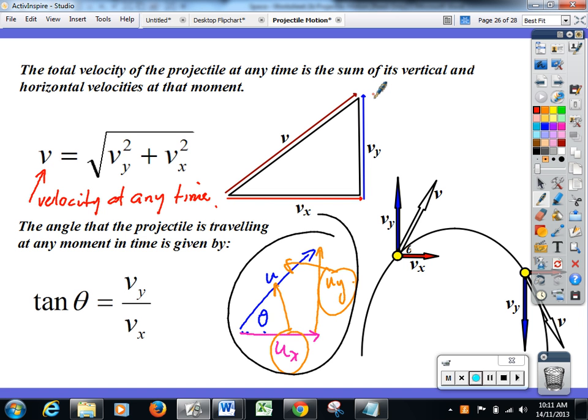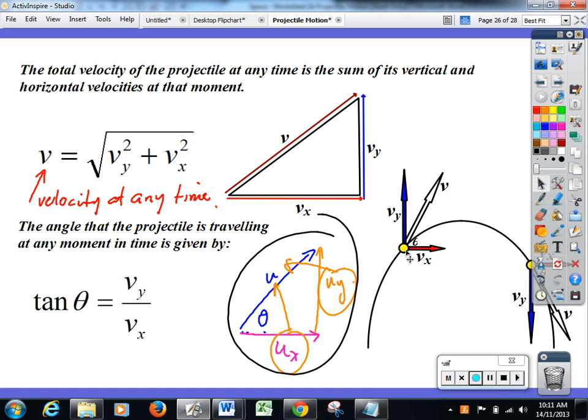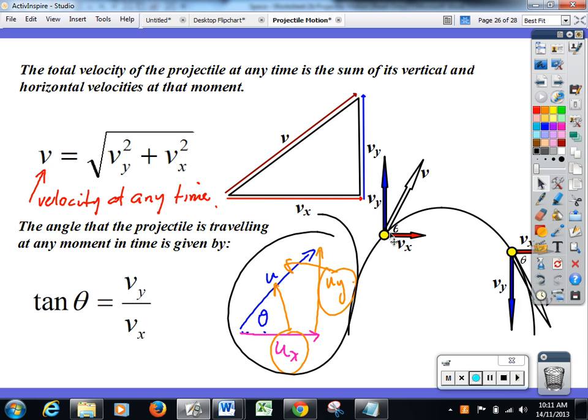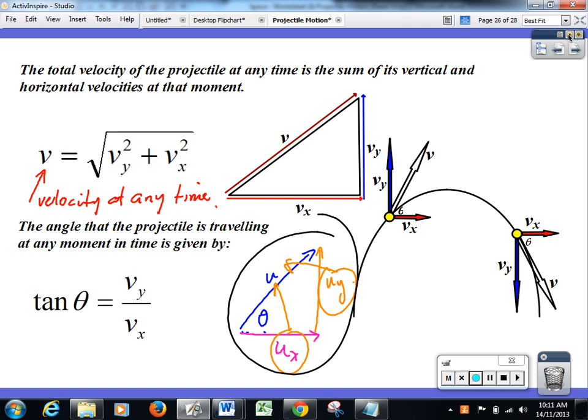So to make sure I understand what we're doing and why we're doing it, at this moment here, let's put this diagram in the centre a bit. This particle here, that yellow ball, is moving in two directions. It's moving up at Vy, and it's moving sideways at Vx. Now, we know that Vx doesn't change. It's the same as Ux, doesn't it?